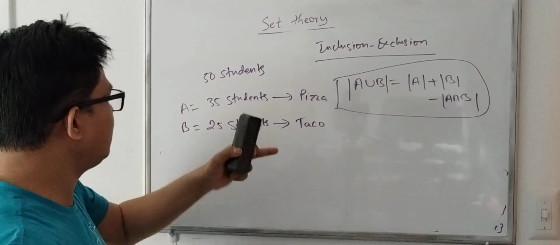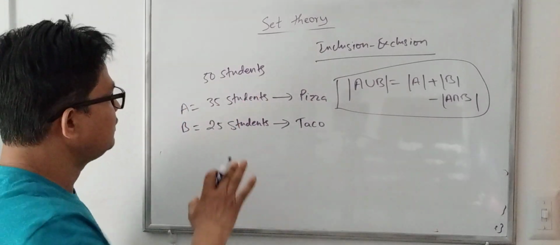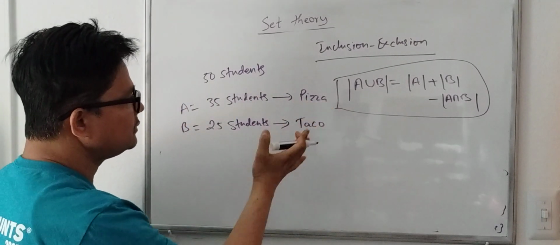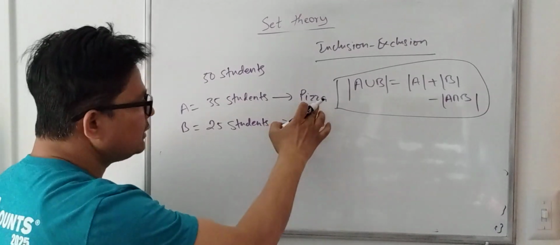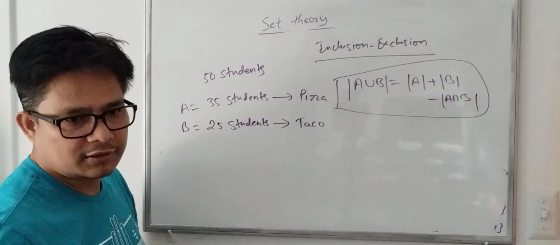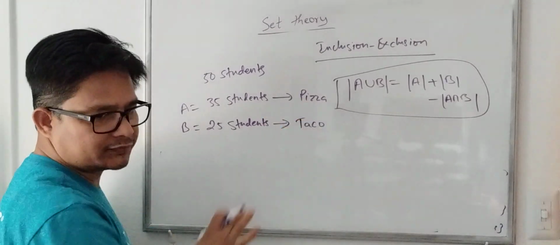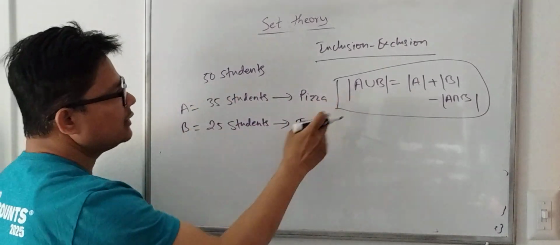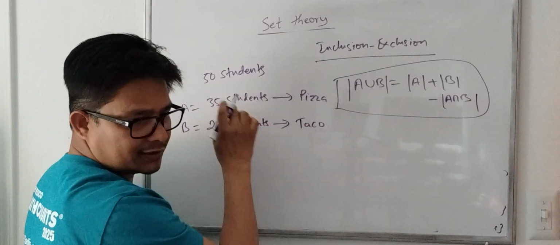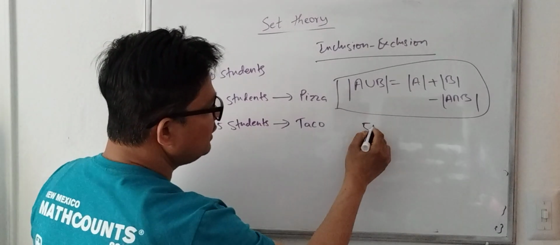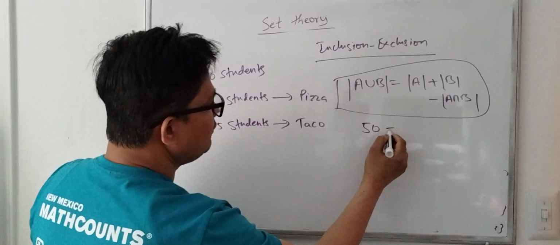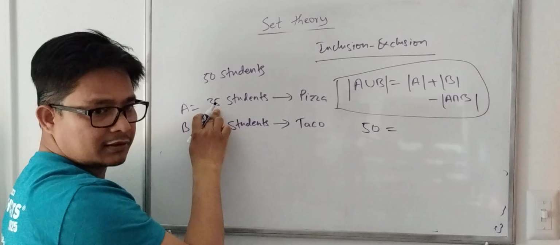And let's assume that other than these two options, all the students either like pizza or taco, nothing else. They will not like a third food, just only one of these two foods. So that's why A union B is 50. Okay? So 50. Let's put the value. What is the size of A? 35.